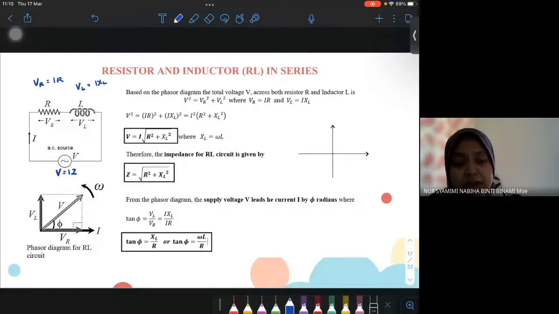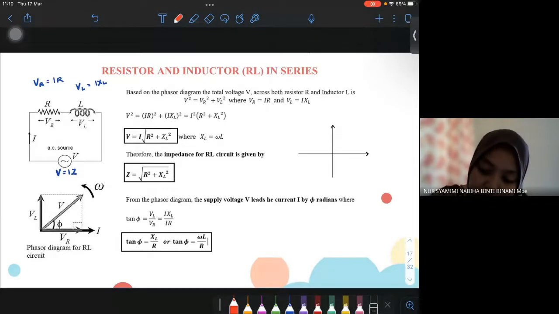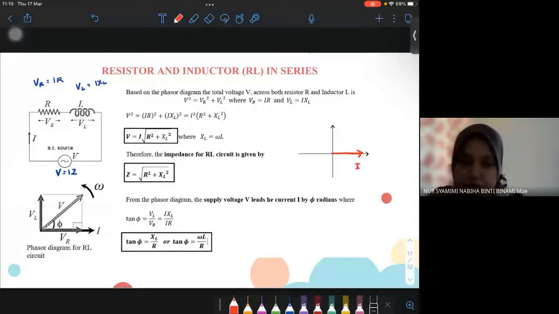Okay, so we know we have two things based on the phasor. So kita kena lukis phasor diagram dahulu. For example, saya ada current. Dan current saya bergerak ke kanan, which is equation current saya ialah positive sine. Okay, so this is my current. Okay, so where is my VR? Mana VR class?